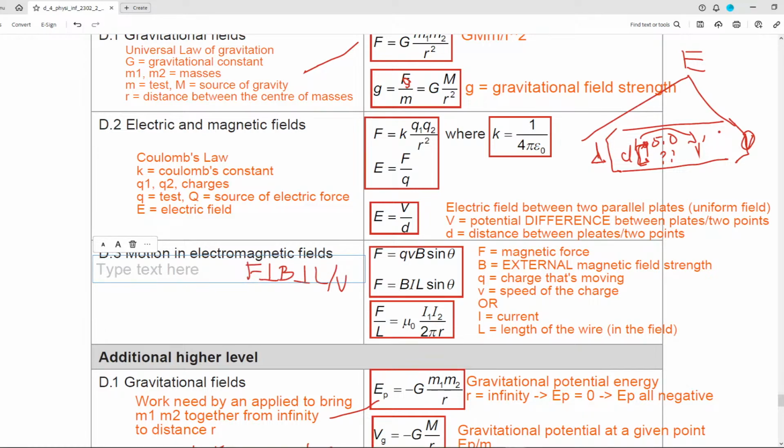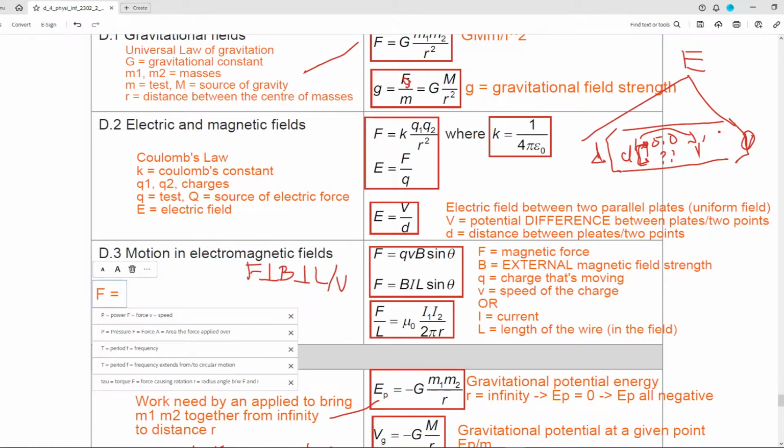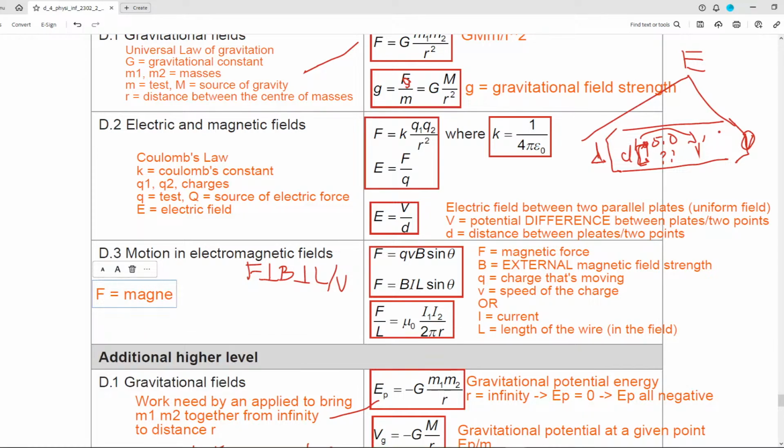F is the magnetic force between the wires. Length, of course, is the length of the segment of the wire that's actually attracting or repelling each other, the interacting segment.